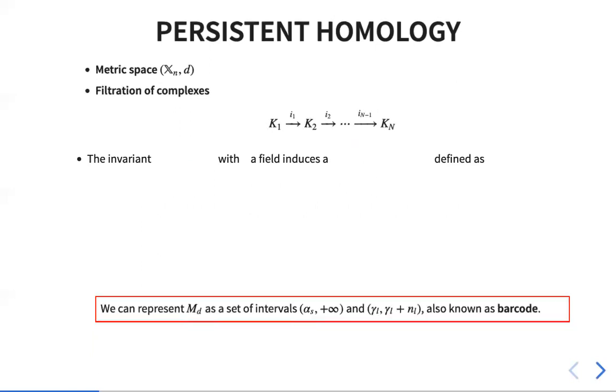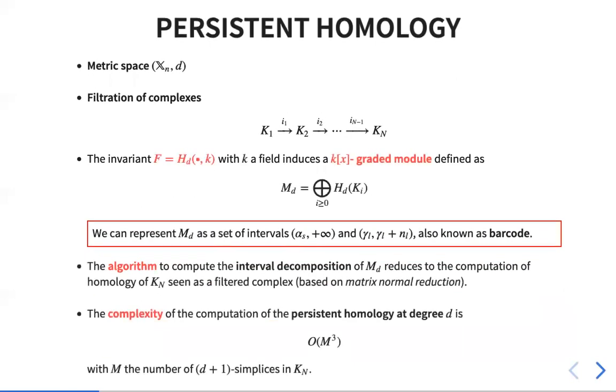So we have for persistent homology an algorithm that is very similar to the computation of the regular homology of a simplicial complex. If you compute homology at degree D, perhaps you can improve this, but in general, we can say that it's cubical in the number of simplices of dimension D+1 in the biggest complex in your filtration.